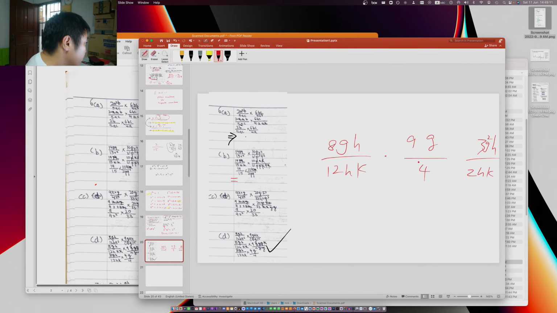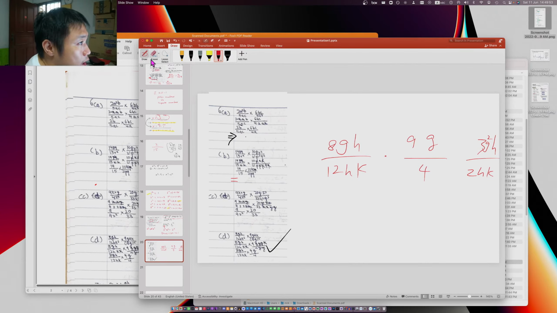Can't you see there is an h you can cancel? Is it very hard for you to see? It's just the same thing, both top and bottom, just cancel. It's like spot the difference, or spot the same thing. If you spot the same thing, just cancel. Then how come you still have the h? It's not hard at all. If you tell me this is your final answer, just ask yourself, is there anything else I can delete or not?